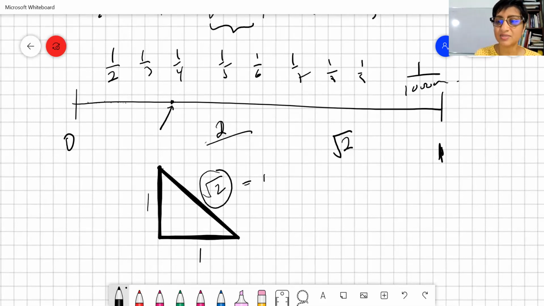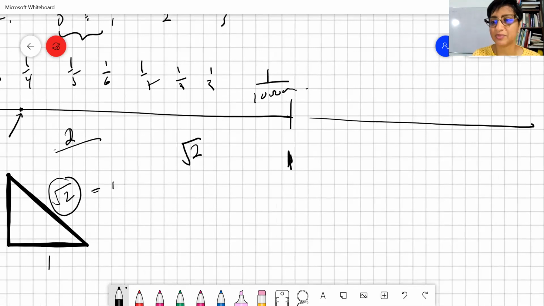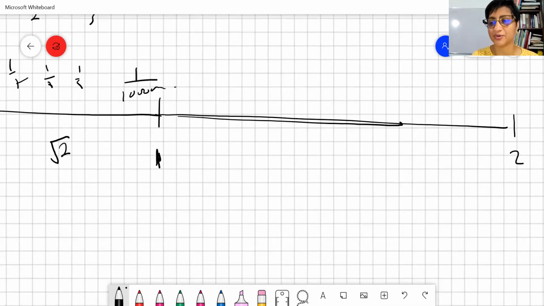This number is between 1 and 2, right? Somewhere there, but it's not a fraction. What does that tell you? Root 2 is not a fraction, which means I thought that with fractions this was all filled, but no, there had been empty places, empty spots on this line that were not filled with fractions.